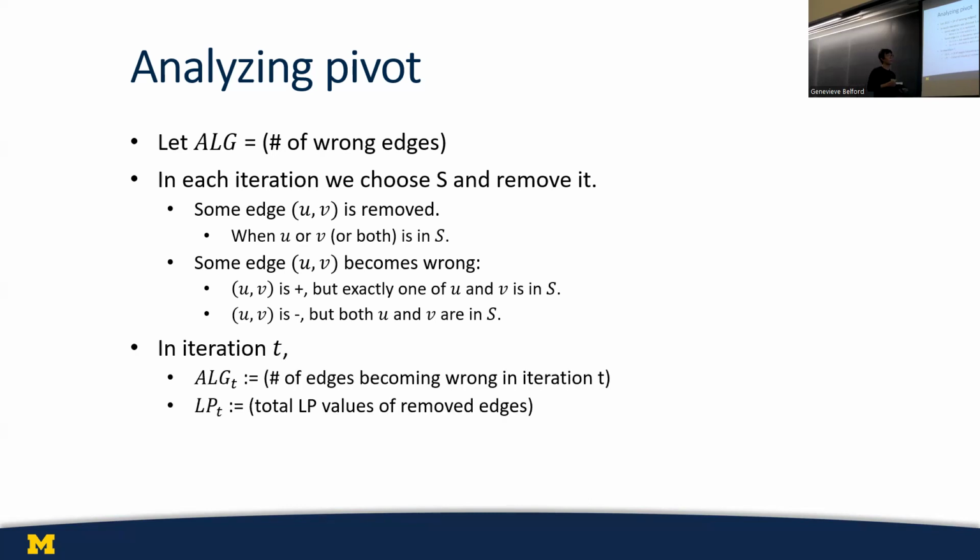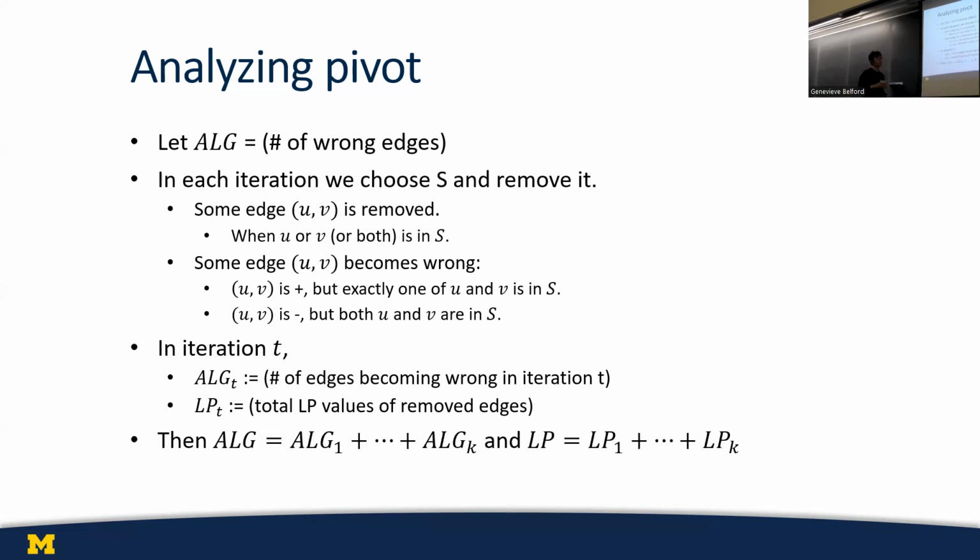In iteration t, let ALG_t be the number of edges becoming wrong in iteration t, and LP_t be the total LP value of the removed edges. The total ALG value that we pay is the summation of these ALG values across iterations, and the same holds for the LP value.